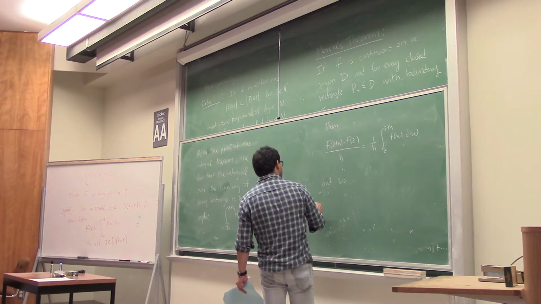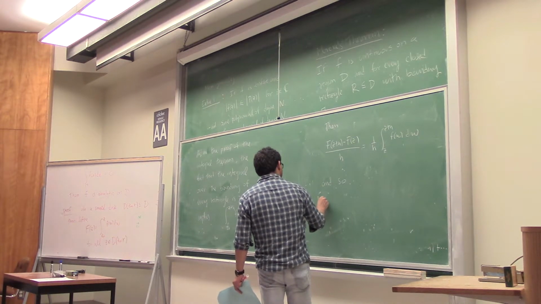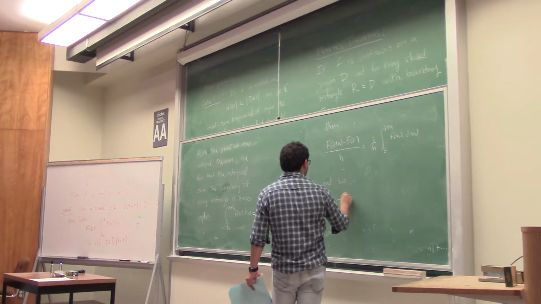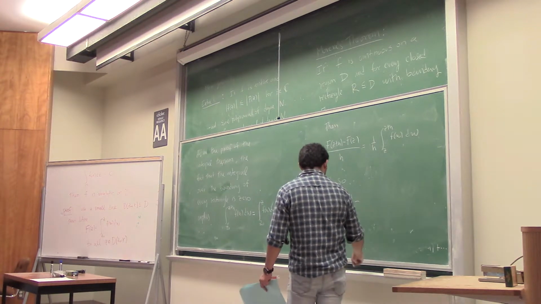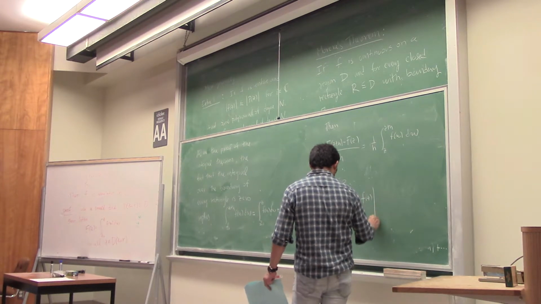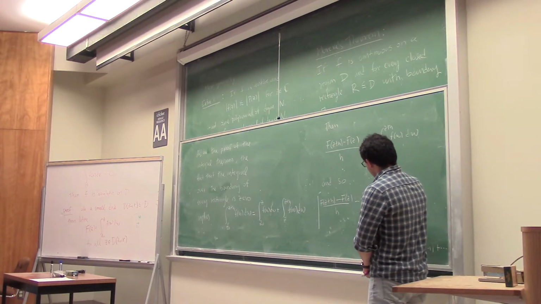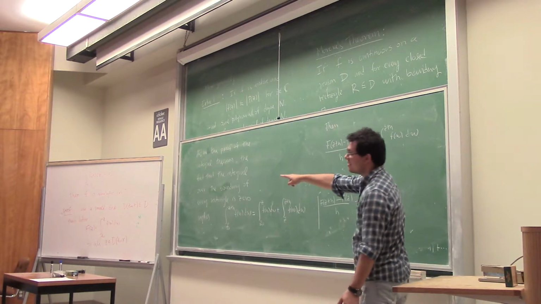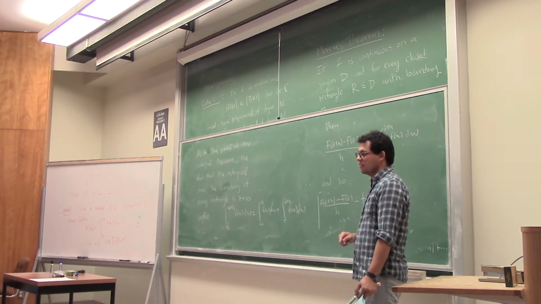And so what happens if you take the absolute value of f of z plus h minus f of z over h minus little f of z. So what is it that I want to prove here? I want to prove, as in the integral theorem, that F is an antiderivative for f.